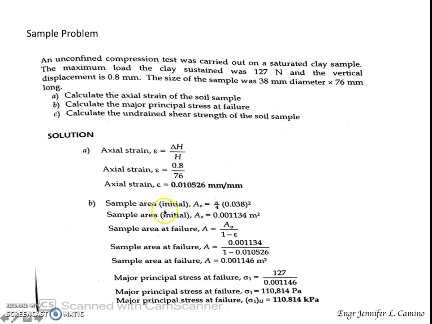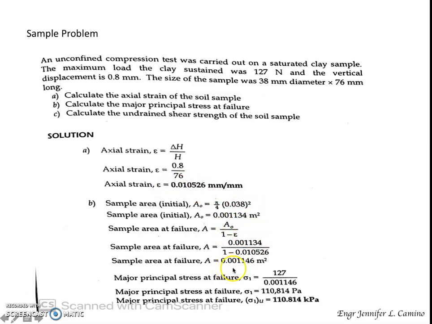We have to compute first for our initial area, and we are given a 38 mm diameter. So you get the area of 0.001134 meters squared. So the area at failure would be equal to the initial area all over 1 minus axial strain.